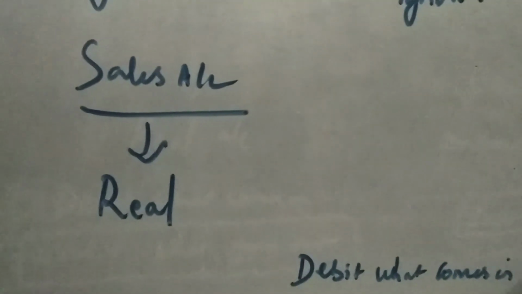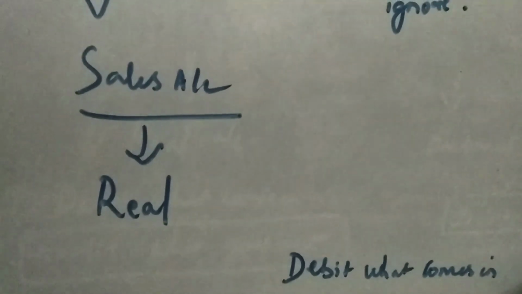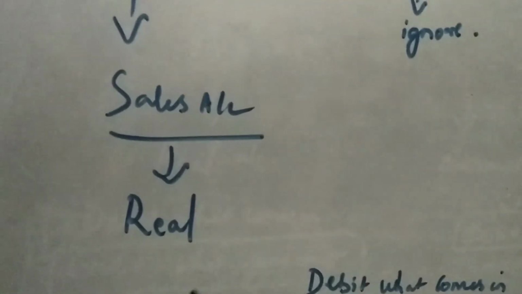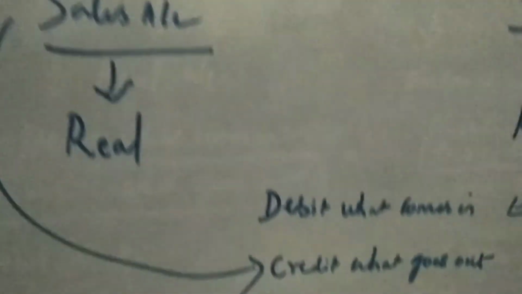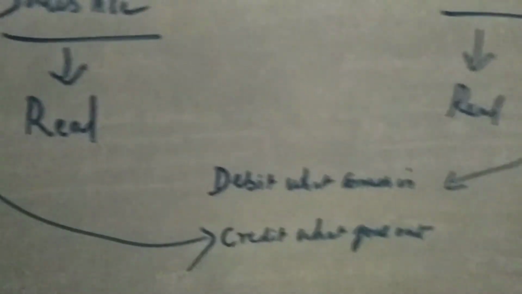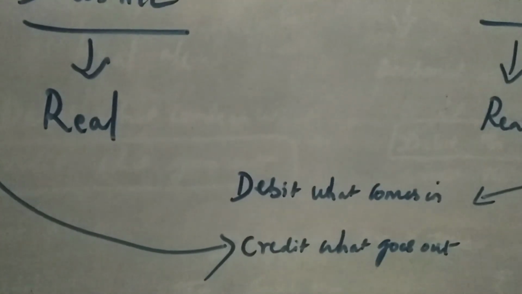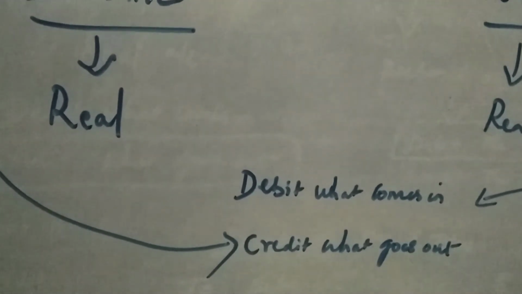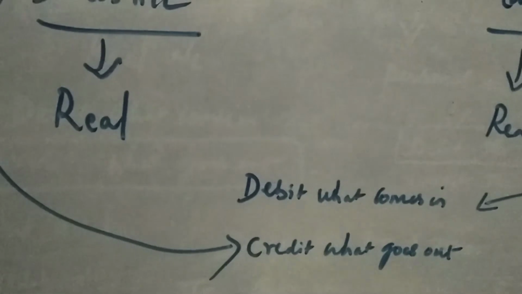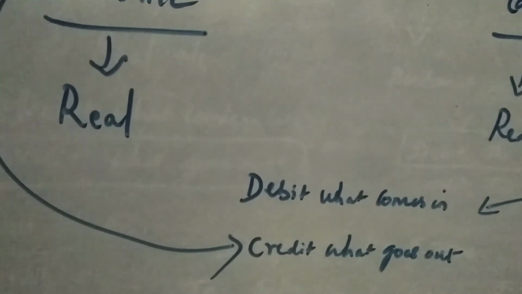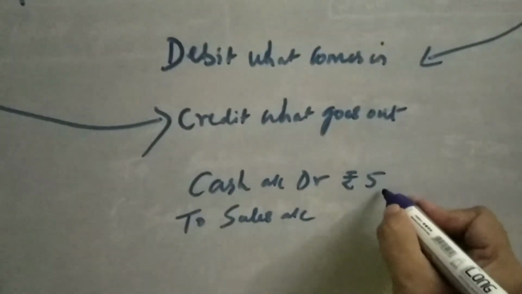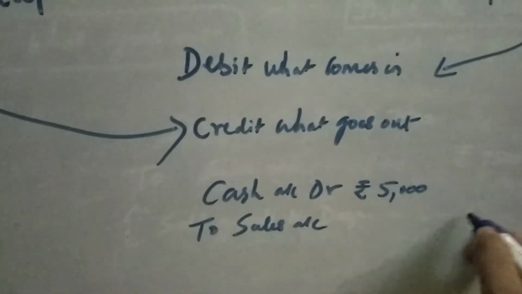So cash is going to come inside the business and goods are going out when we make a sale. So what should be the entry? Cash account debtor to sales, rupees 5,000.